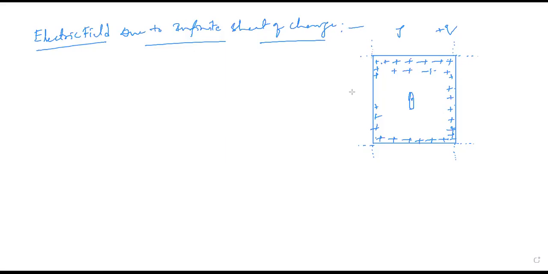Which Gaussian surface? A cylindrical Gaussian surface. Here is my cylindrical Gaussian surface, and here also I'm drawing it. Why have I taken this cylindrical Gaussian surface? To cover both sides. So this is my Gaussian surface.